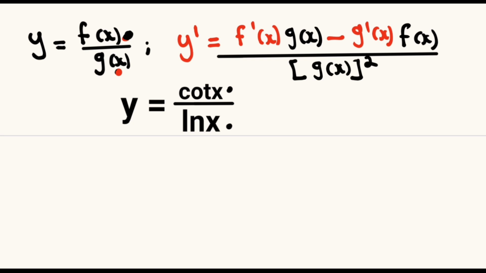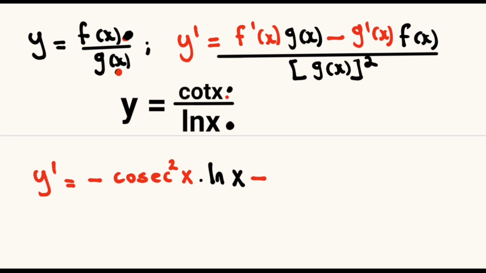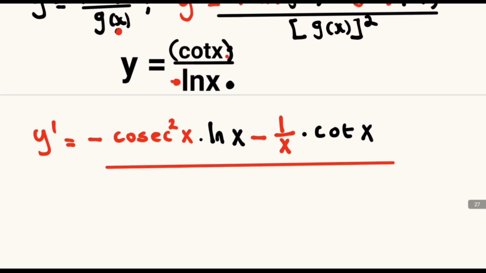So in differentiating y is equal to cot x divided by ln x, we have to differentiate the cot x, and the derivative of the cot x will be equal to negative cosec squared x, and we multiply this by the function which is in the denominator, the ln of x, minus the derivative of the function which is in the denominator, the ln x, and the derivative of the ln x is equal to 1 divided by x, and this will be multiplied by the function which is in the numerator, the cot x, all of which will be divided by the function which is in the denominator, the ln of x, but it has to be raised to the power 2.